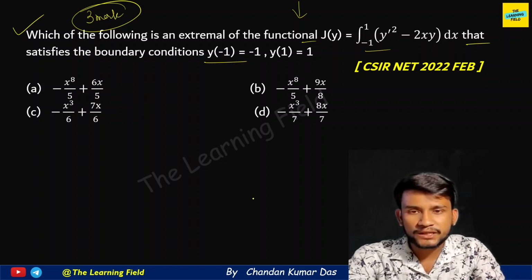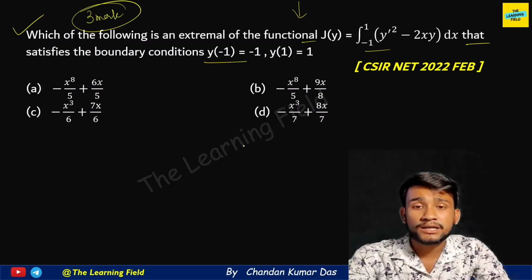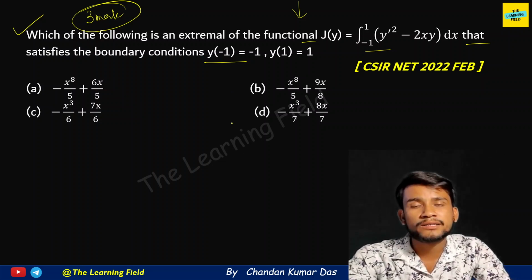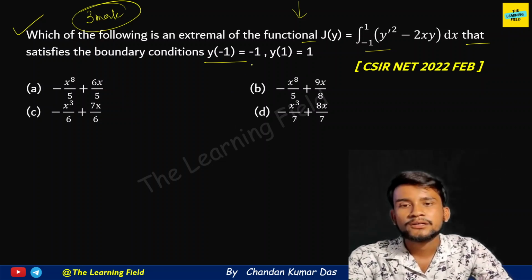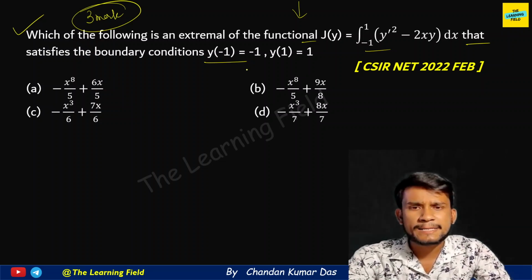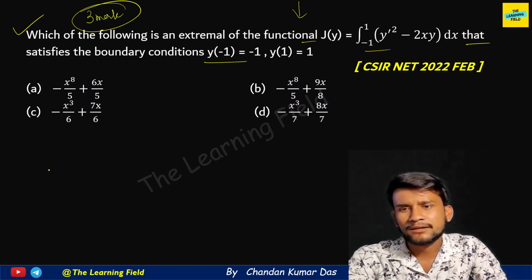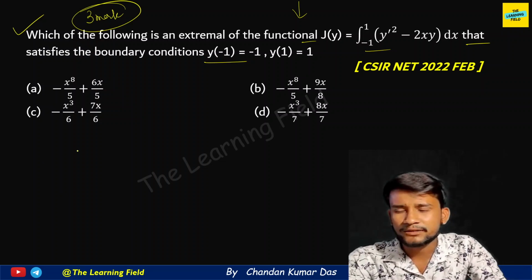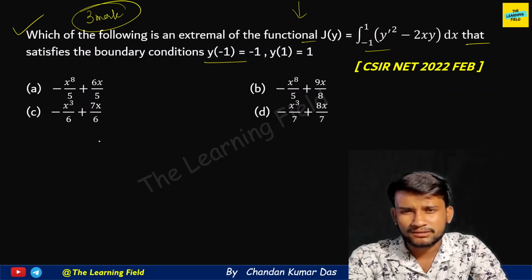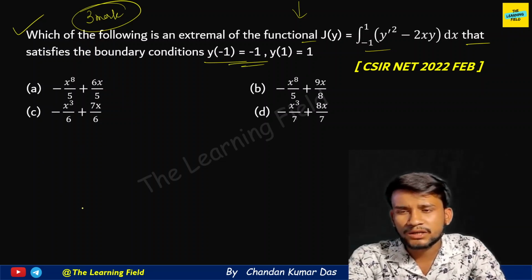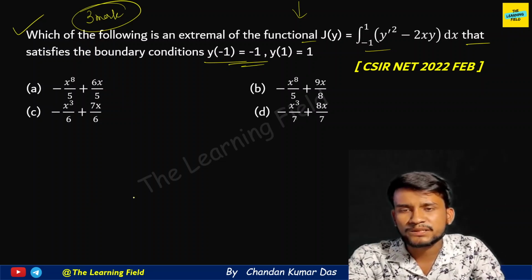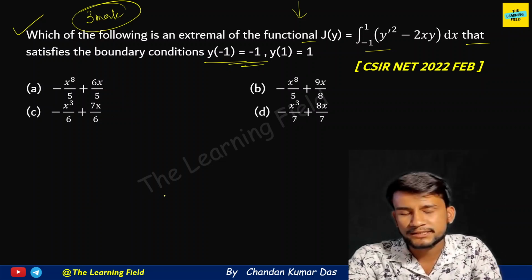The extremal which does not satisfy the boundary condition, we can discard that option. You can also check by putting these conditions into the options whether they are satisfied or not, then you can discard from that.